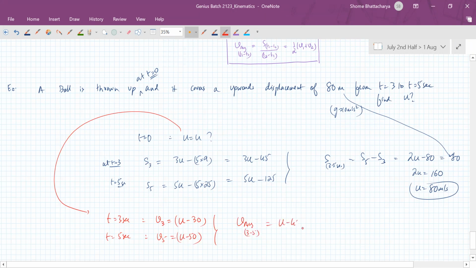It is u minus 40, the mean of the two. And that should be equal to the displacement divided by the time interval, so 80 divided by 2. So u minus 40 is equal to 40. This is also a very efficient way of solving this type of question.